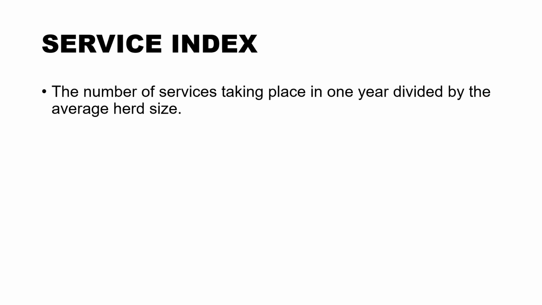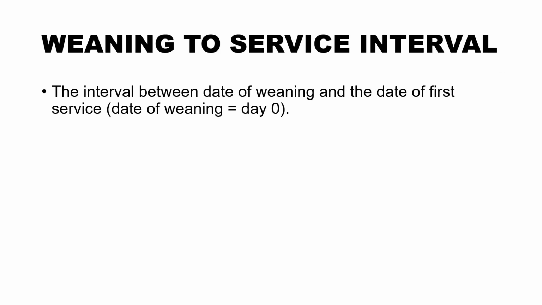Then, weaning to service interval is the interval between the date of weaning and the date of first service. The date of weaning is day 0. Meaning, if you weaned today, November 28, you start counting the next day, November 29, which is day 1.